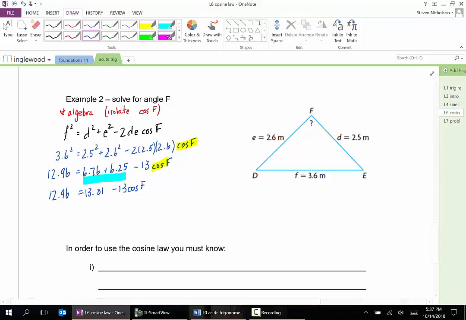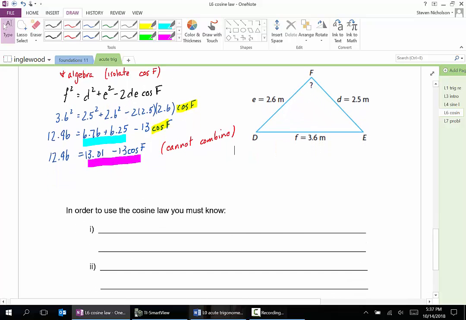Now, these two things right here are not like terms. Again, here's that algebra. You cannot combine. When you do a few of these examples, you'll get in the habit of not doing this. So really what we have to do is subtract 13.01 from both sides. And that's what we'll do first.